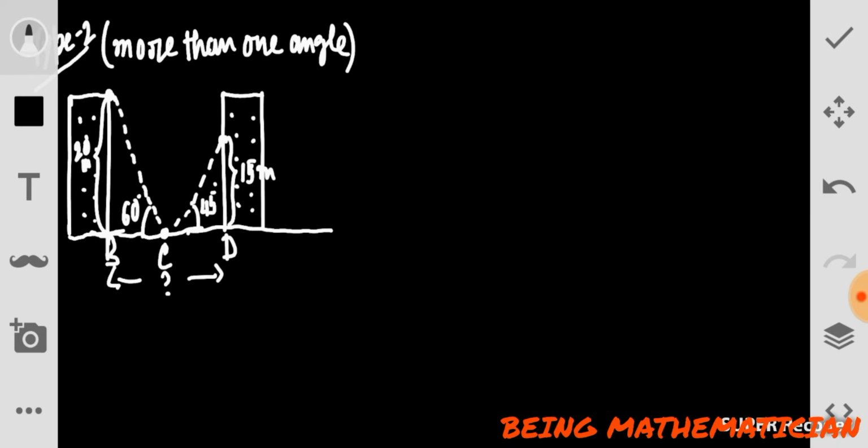So now consider this point as A and this point as E, assuming this triangle ADC.